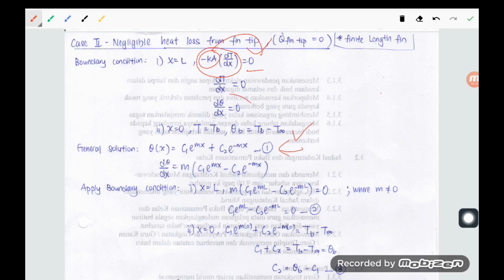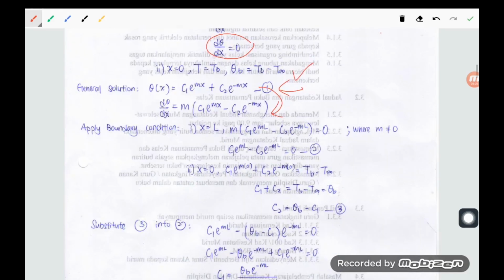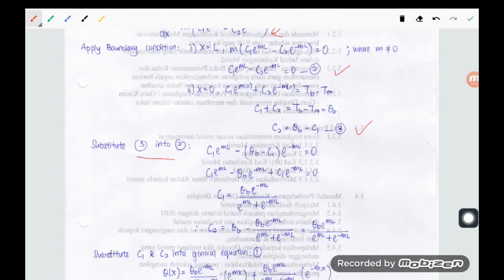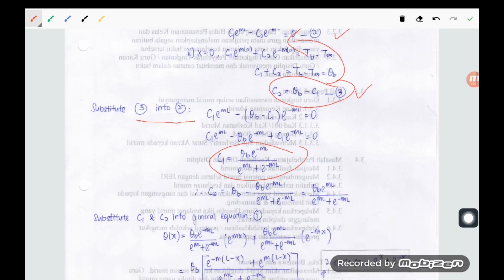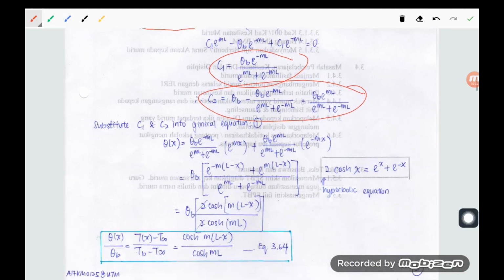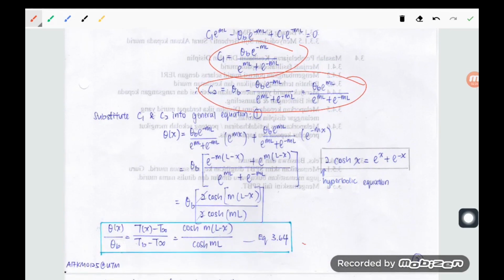Since d delta over dS equals 0, we must differentiate this general equation and apply the boundary condition. So we substitute equation 3 into equation 2. After we rearrange, we get C1, and then we find C2. We substitute into the general equation again, and we get equation 3.64.